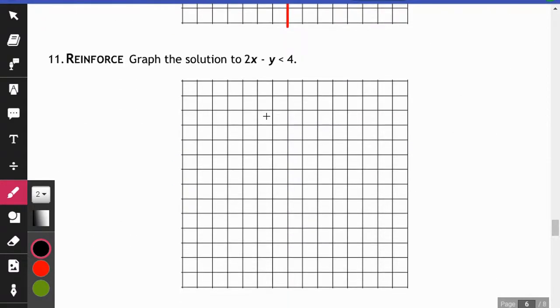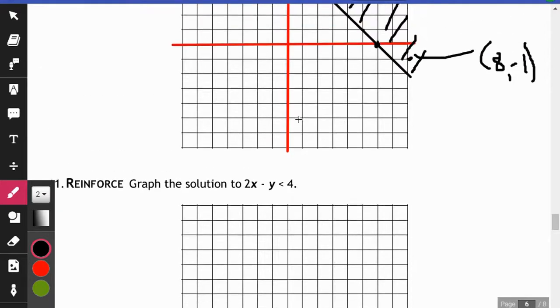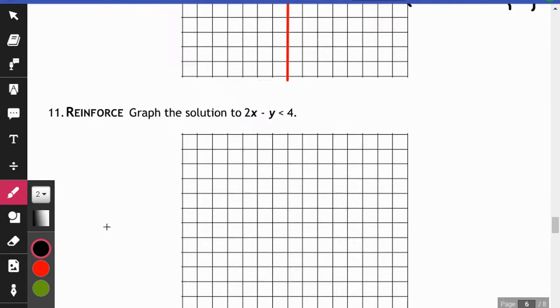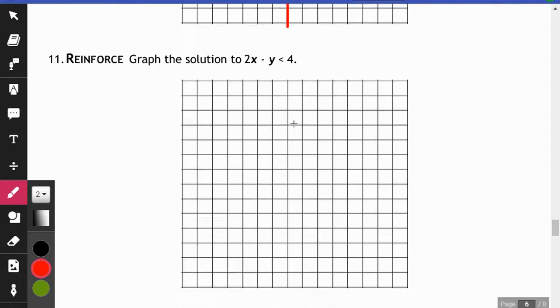All right, this one right here. This time we're going to graph the line faster. Okay, here's that. We have 2x plus y equals 4. So if y was 0, then x would have to be 2, since 2 times 2 makes 4.